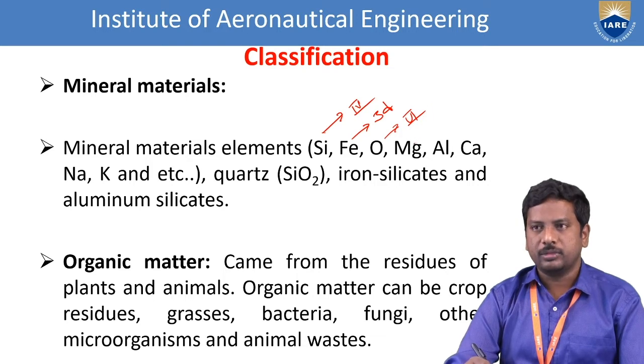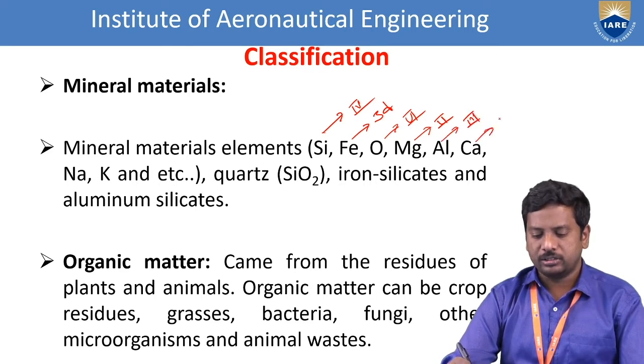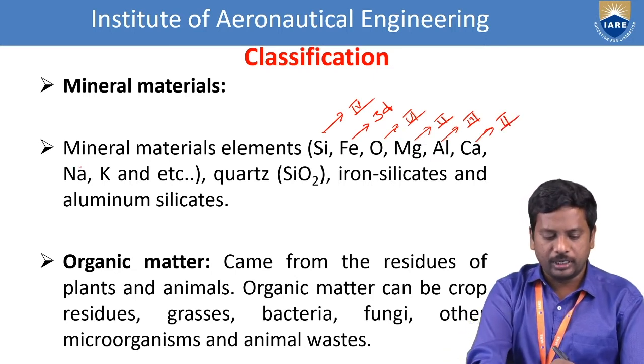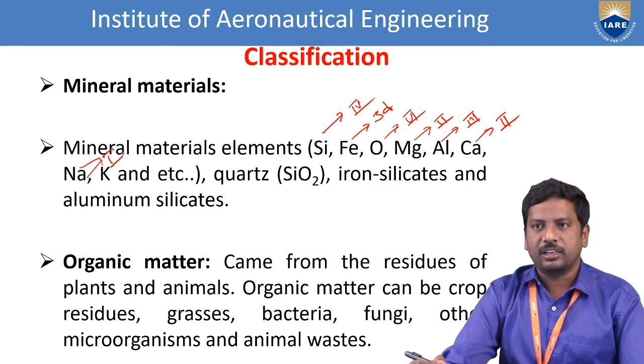Magnesium belongs to the second group, whereas aluminum belongs to the third group, and calcium also belongs to the second group, whereas sodium and potassium both belong to the first group of the periodic table.